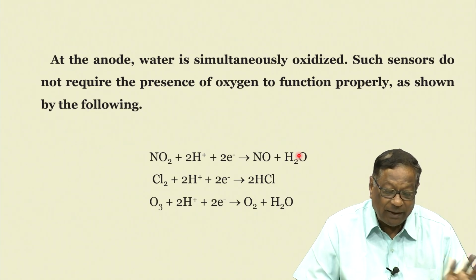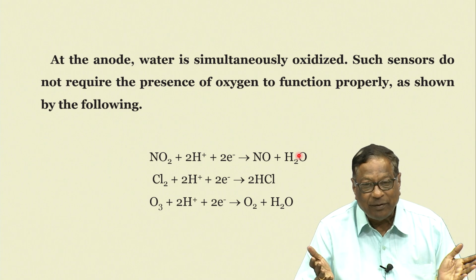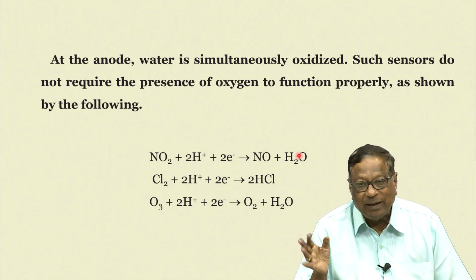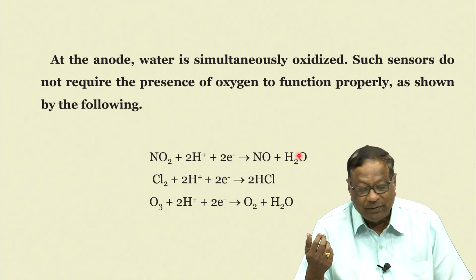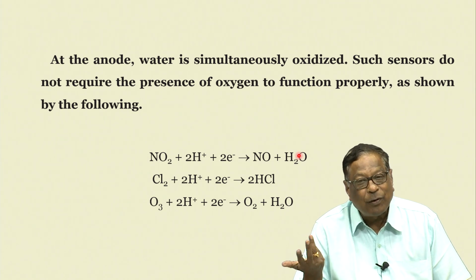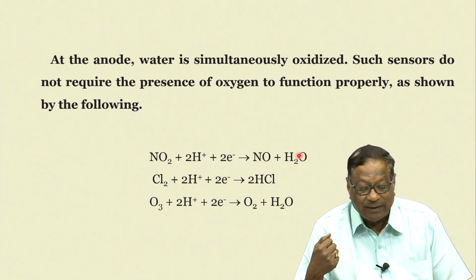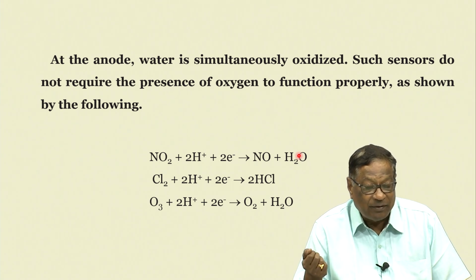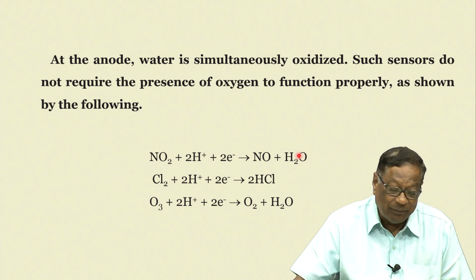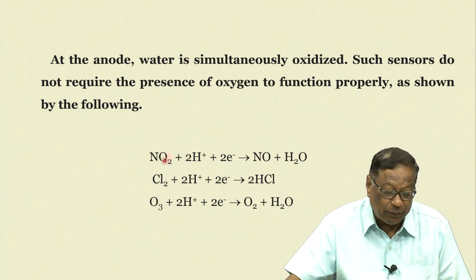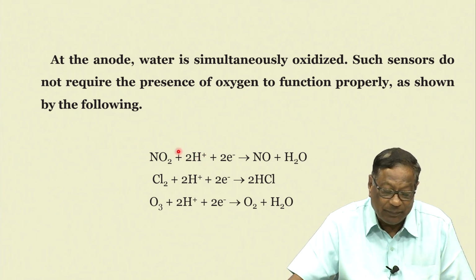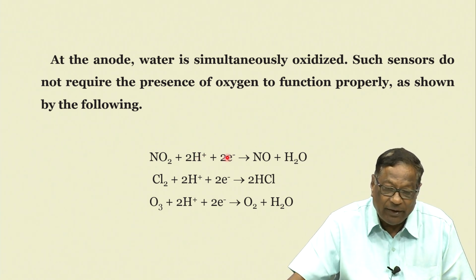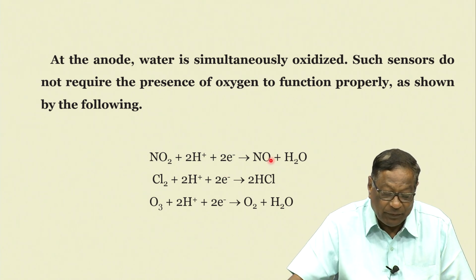So, at the anode, very simple, water is simultaneously oxidized. Such sensors do not require presence of oxygen also, is it not? Because the simple reactions will happen. For example, if I have NO2 and 2H plus is there, we have a 2 electron system producing nitric oxide.